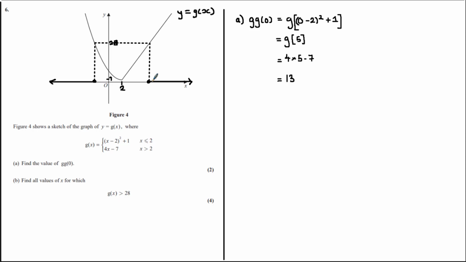Please note that for the purpose of explaining this to you, I have drawn these intervals with a closed circle, but because we're looking for where the function is strictly greater than 28, this should be drawn with open circles. Okay, so what we need to do to solve this problem is find the set of these x values that satisfy this inequality. Let's go ahead and start with this set.